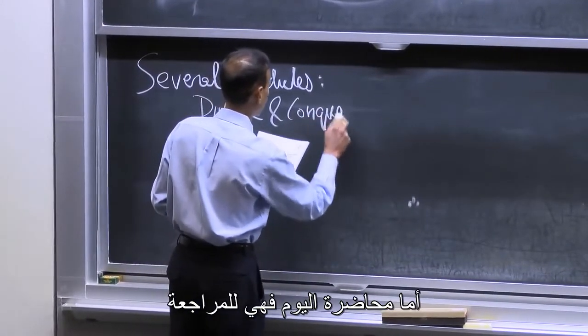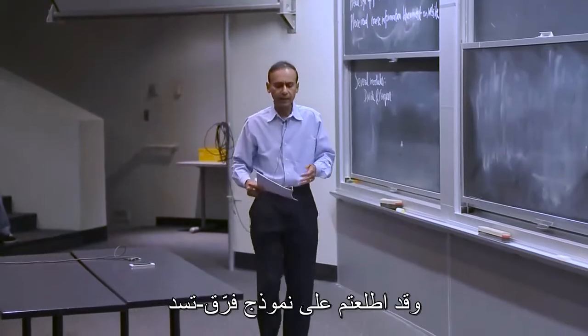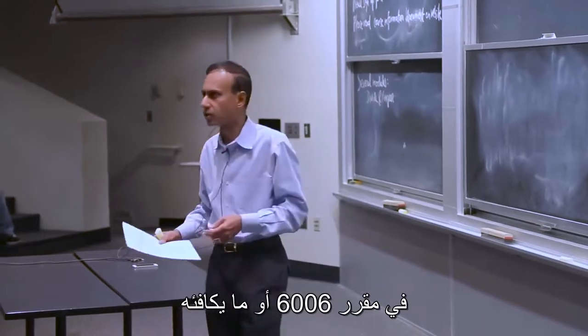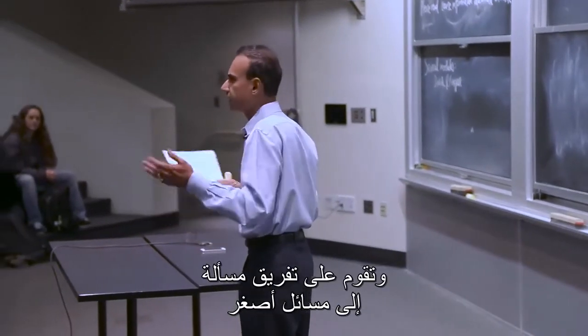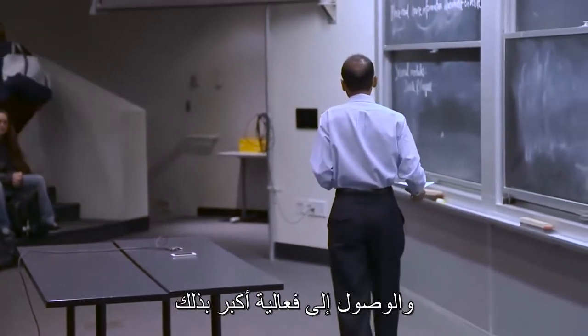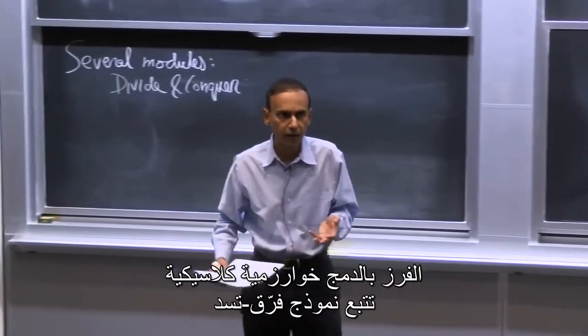Today is really an overview lecture. But it's a module on divide and conquer. And you learned about this divide and conquer paradigm in 6.006 or equivalent classes. It's breaking up a problem into smaller problems and getting efficiency that way. Merge sort is a classic algorithm that follows the divide and conquer paradigm.